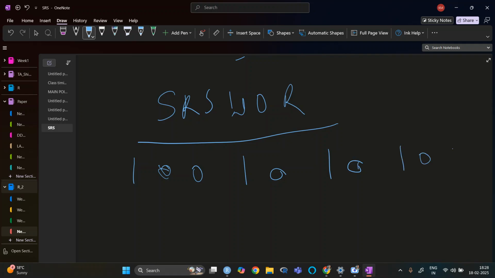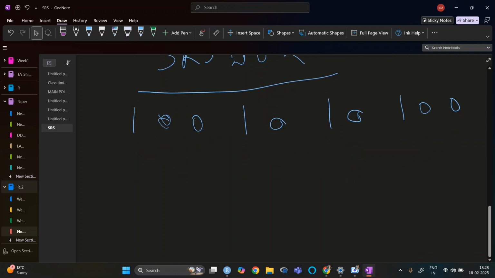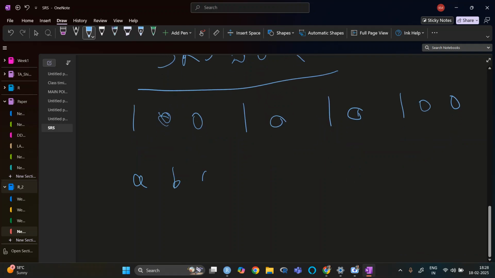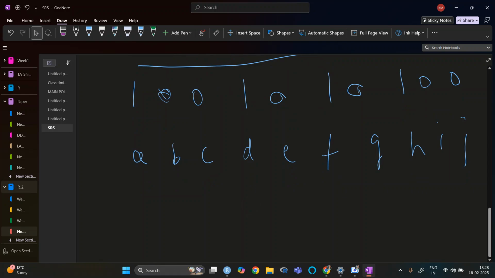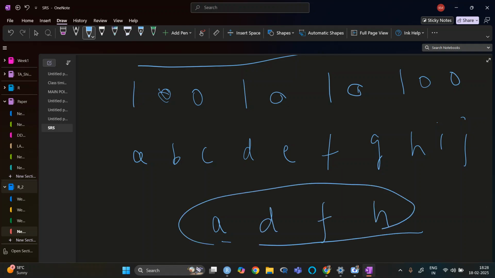Let's say this is 1 2 3 4 5 6 7 8 9 10, and this one is A B C D E F G H I J. So the answer it is giving is A, D, F, and H. So there are 4 samples which I have chosen out of 10, and in reality those 4 samples are these.